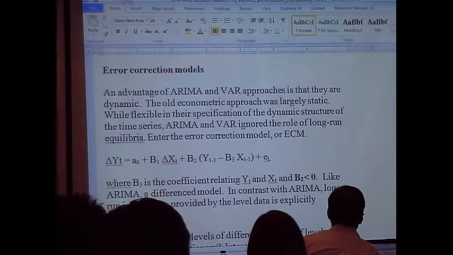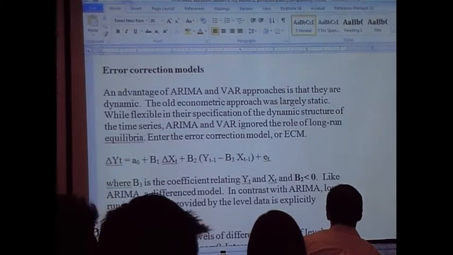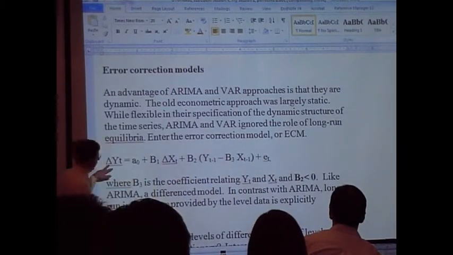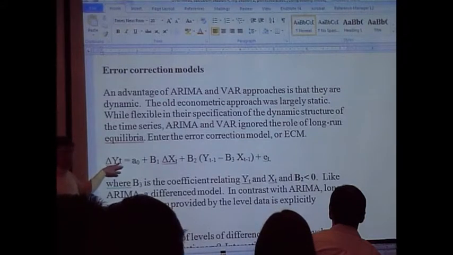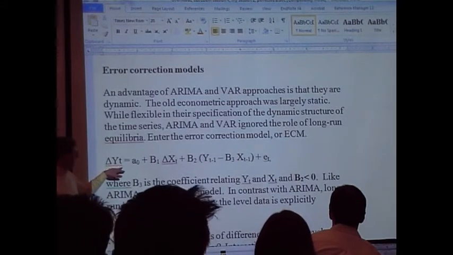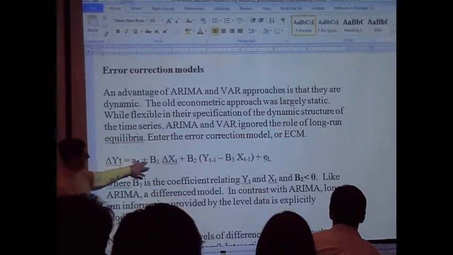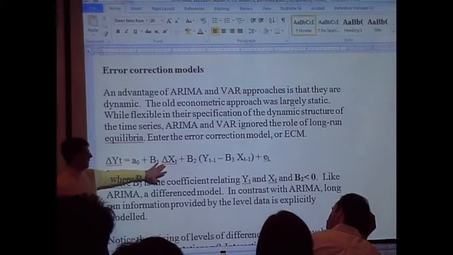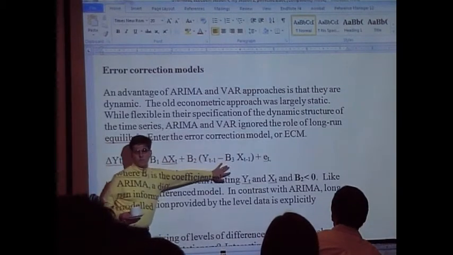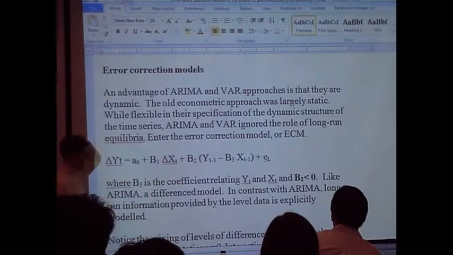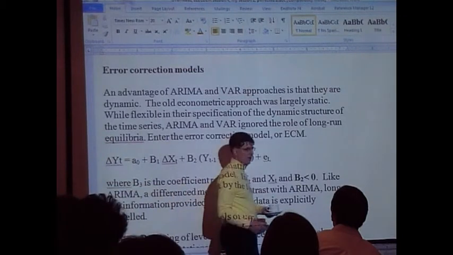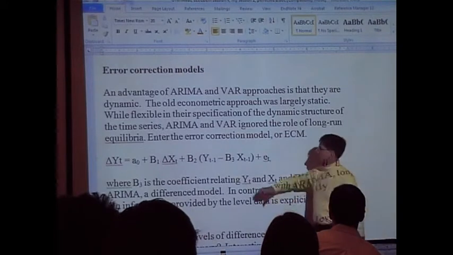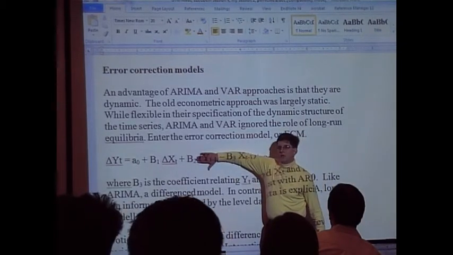Now this is an error correction model. Here we have the difference, right? Difference yt, which is yt minus yt minus 1, equals an intercept plus a coefficient on the difference xt, plus there's this component here. If you had a non-stationary variable y and non-stationary x, ARIMA would have you do that regression, right?